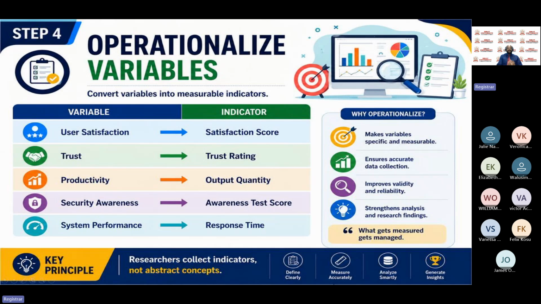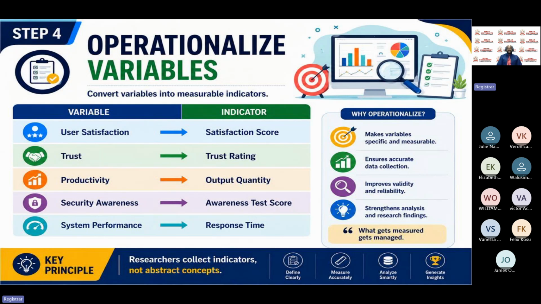This is some kind of difference, because in social science research, the variables we transform to indicators. Similarly, here also, we are converting the variables into measurable indicators. How do you measure user satisfaction? We use a satisfaction score. How do you measure trust? Rating. How do we measure productivity? The output quantity. How do you measure security awareness?